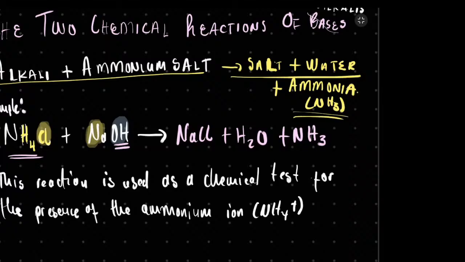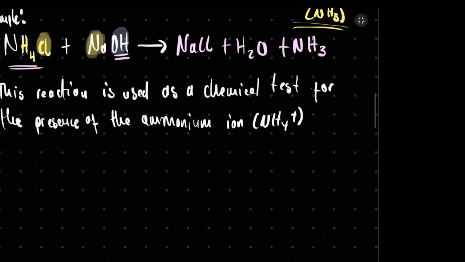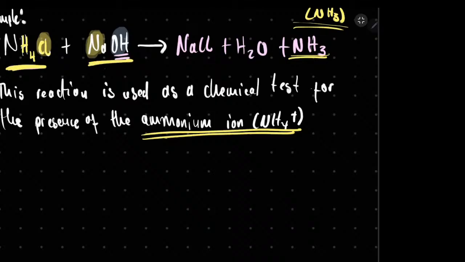Everybody should know this: if you take any alkali and mix it with anything that has an ammonium ion, you must get ammonia. So this reaction is used to test for the ammonium ion. If we get ammonia after adding that substance to a base, then we know it has an ammonium ion.